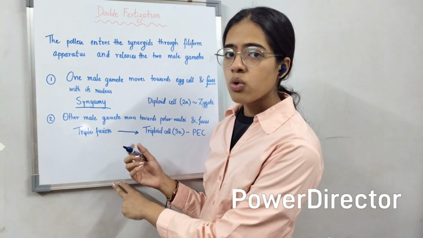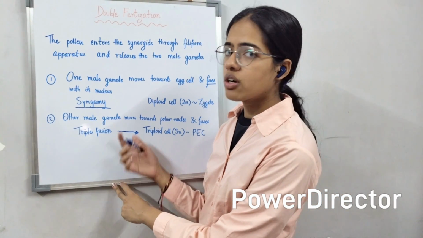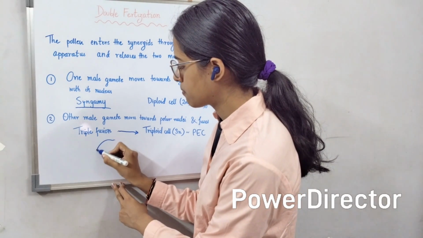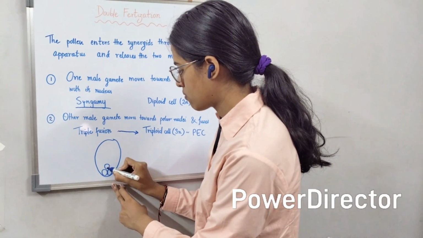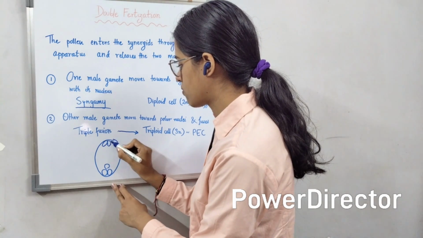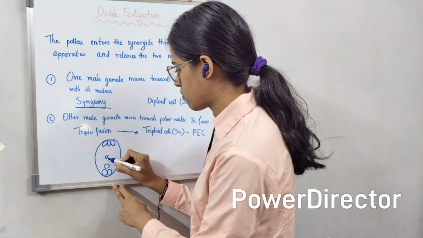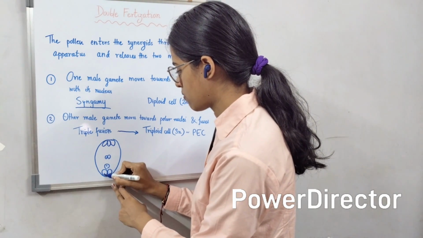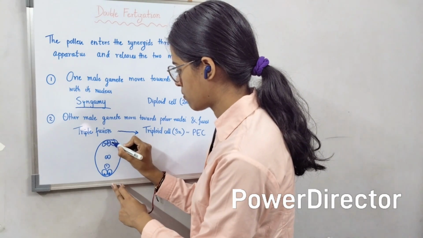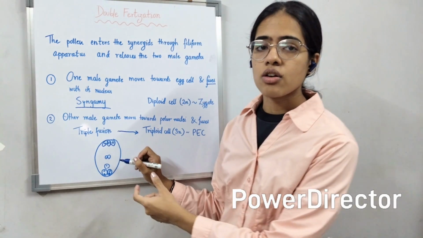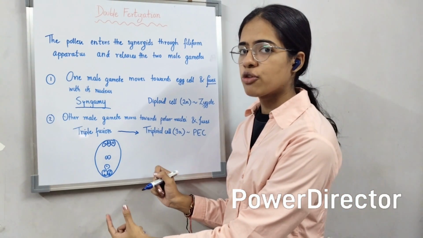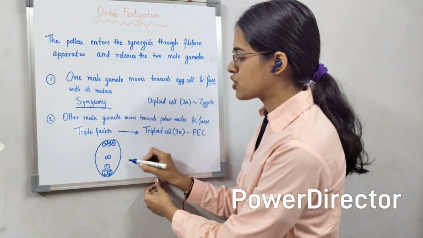First, I'll explain how the egg cell will look after the double fertilization. This was the female gametophyte before the double fertilization.